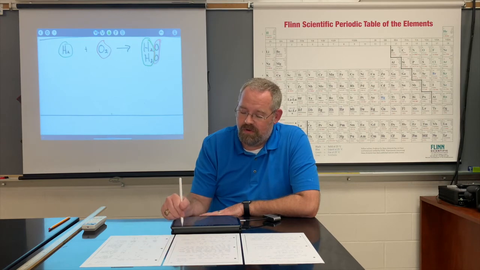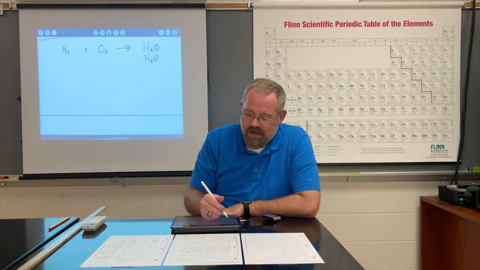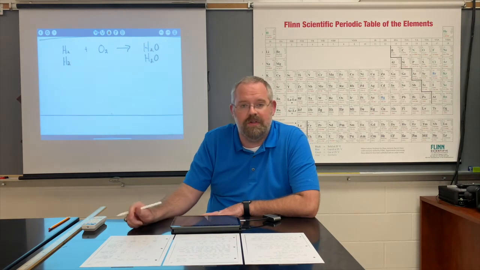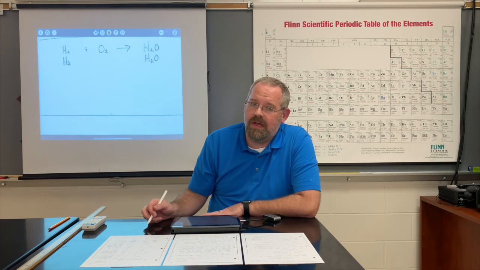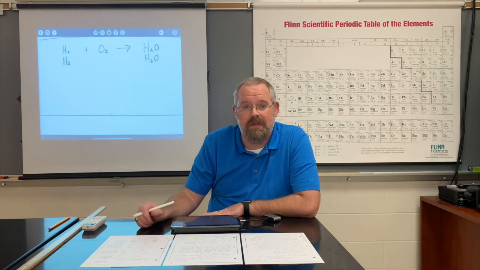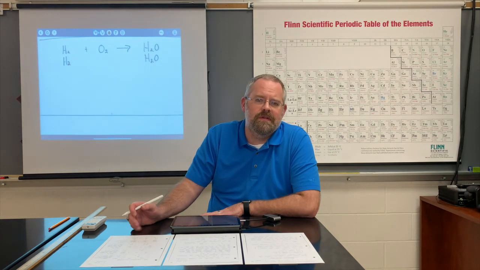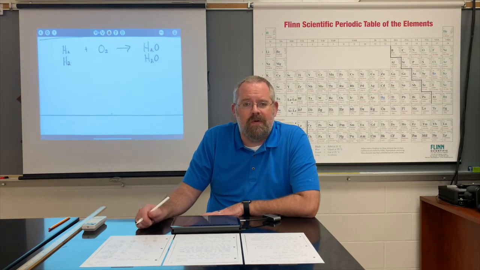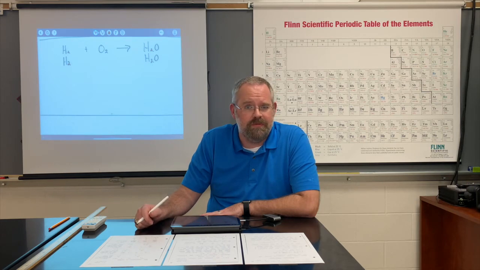So in order for me to fix that, now I need to add another hydrogen on the left, but I can't just add a hydrogen atom. I can only add the diatomic that I have in my equation. It would be like if you were making biscuits with flour and buttermilk, and all of a sudden you decided to add mushrooms into it.